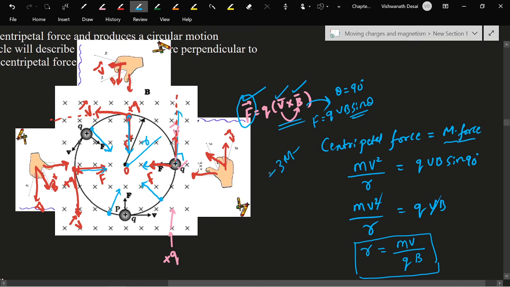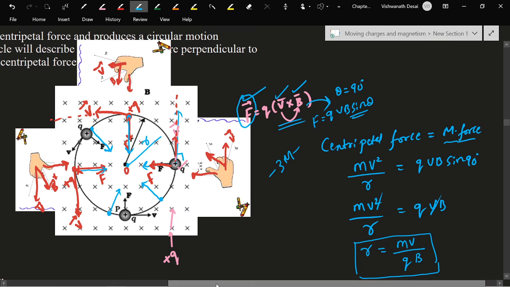They can ask the question like this: derive an expression for the radius of the circular path of a charged particle when it is moving in a magnetic field. This is a 3-mark question. Very simple steps we used, and the diagram is also simple. You can use the right hand rule wherever it is required.